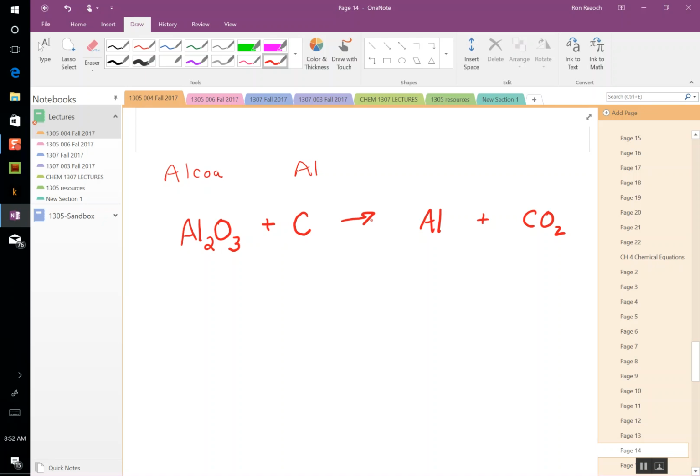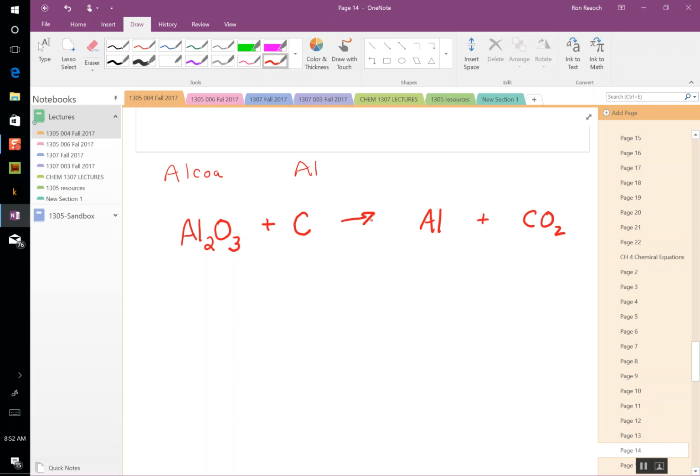The carbon dioxide is a gas. It releases, and what you end up with in a big, huge, hot cauldron is molten aluminum. And then they pour it out into bars or sheets or foil or whatever they want to make out of it. Follow me? This is a chemical reaction.